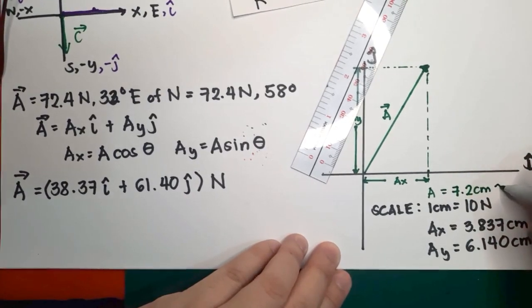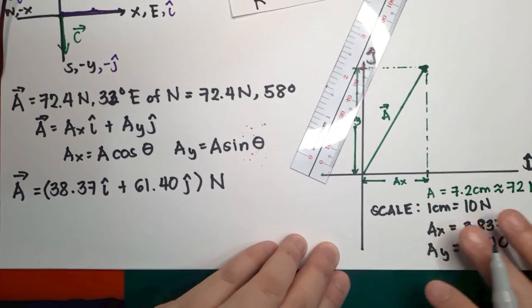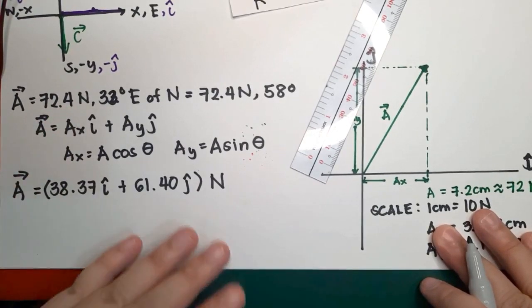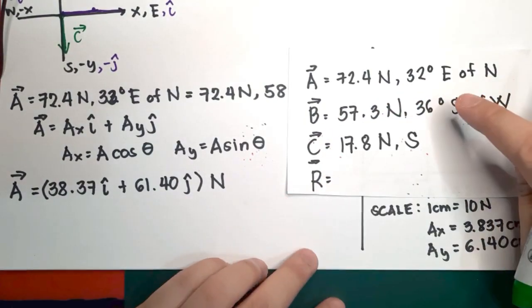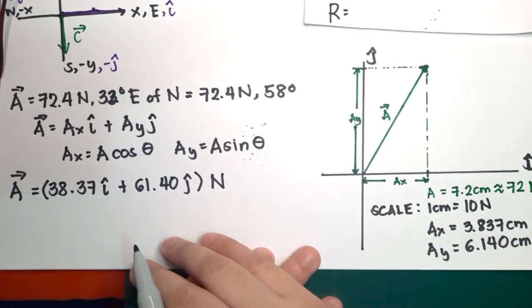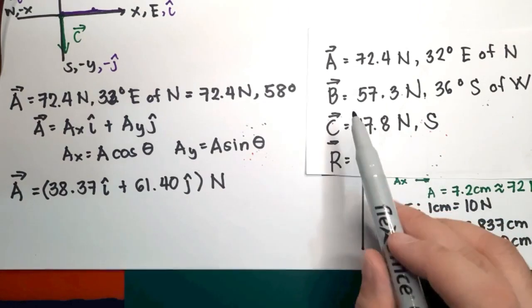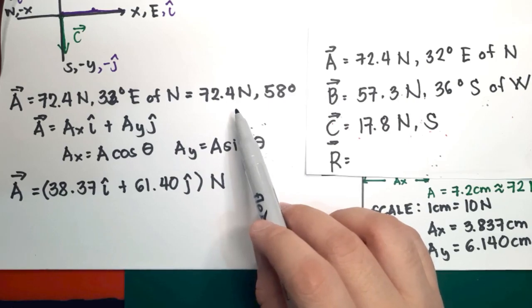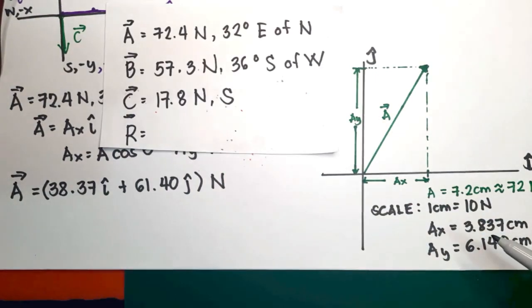Roughly in Newton, that is 72 Newton, which, based on our given, is really 72.4 Newton. So we are just reversing the method that we did, from a cardinal direction with an angle, going to the unit vector. As your activity, please try to convert vector B from cardinal direction with an angle, going to polar coordinate, going to unit vector, and try to draw it in a Cartesian plane like this. Okay? So that is for a single vector.